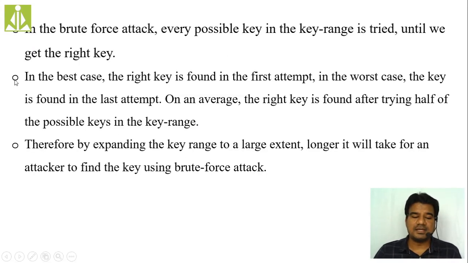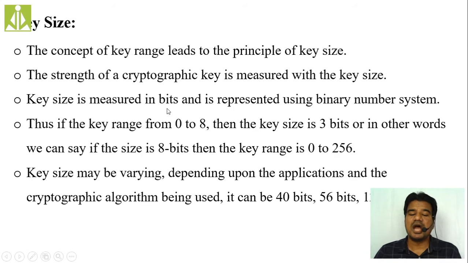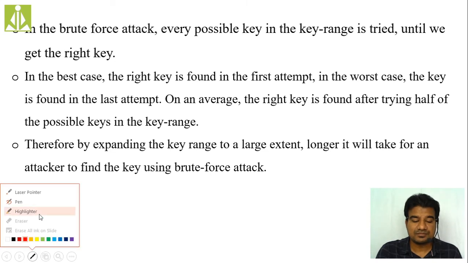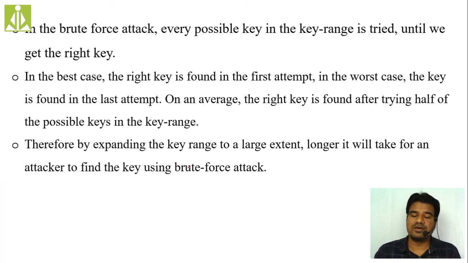See, in the best case, the right key is found in the first attempt, and in the worst case, the key is found in the last attempt. On average, the right key is found after trying half of the possible keys from the key range. Whatever key range you have, from those keys you have to try at least half of the keys before finding the actual key.